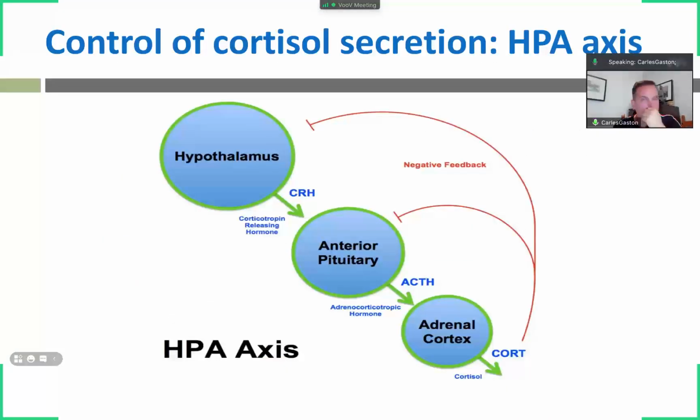So if we look a little bit at the pathways that we have studied, what we have is the hypothalamus, okay? The hypothalamus will secrete corticotrophin releasing hormone, right? Which will affect the anterior pituitary to secrete ACTH, adrenocorticotrophin hormone, and this will stimulate the adrenal cortex to produce cortisol.